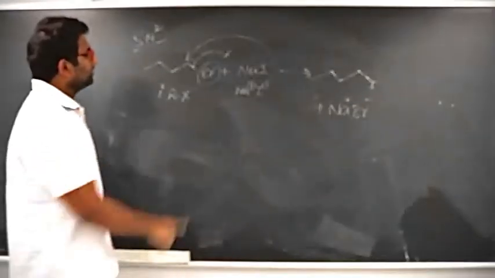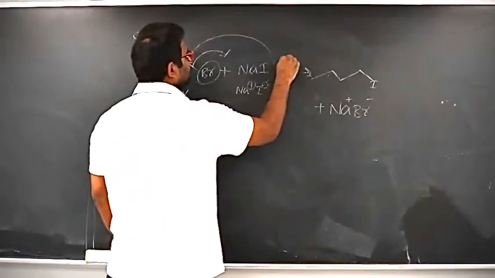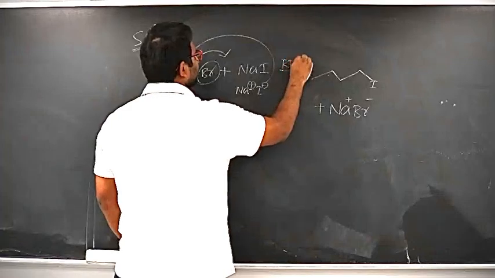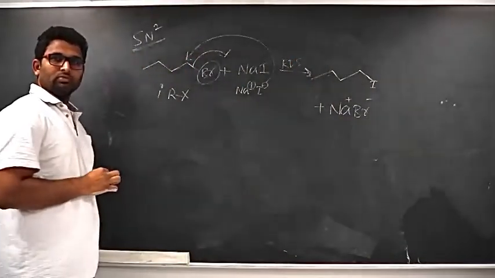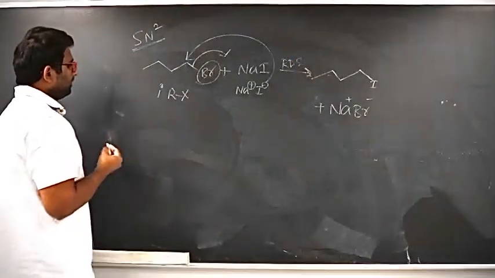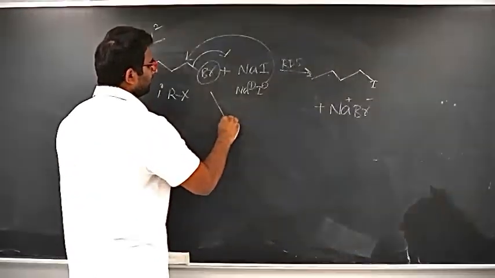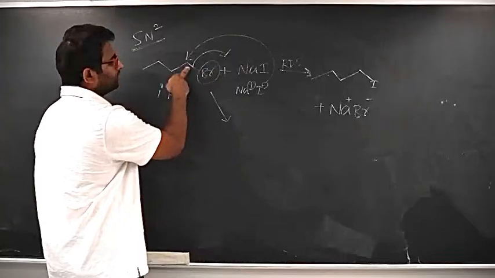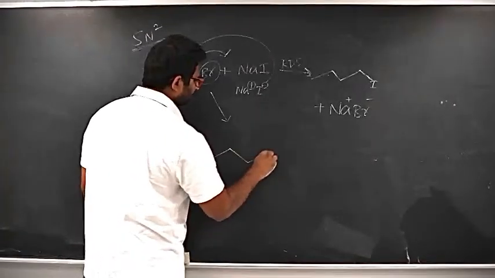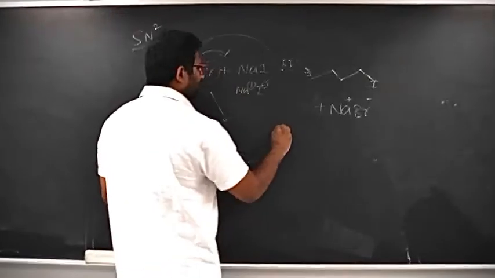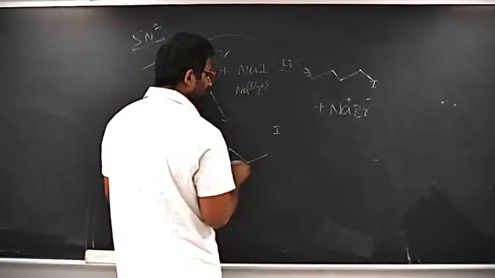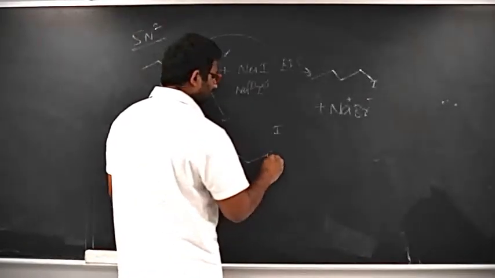So this step is the rate determining step. If you see the transition state, when the nucleophile attacks the carbon with the leaving group, we have iodine on the carbon.